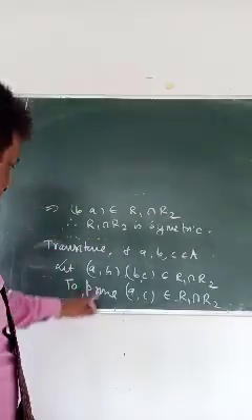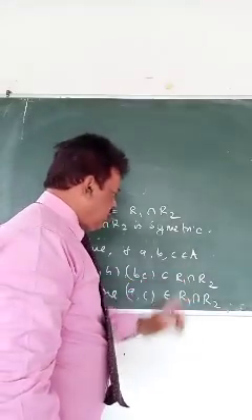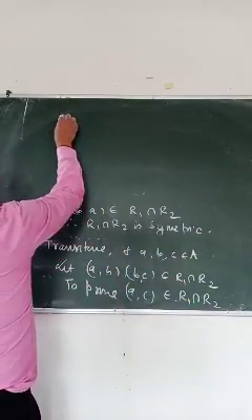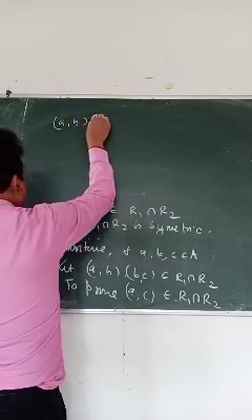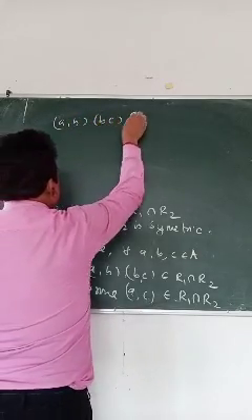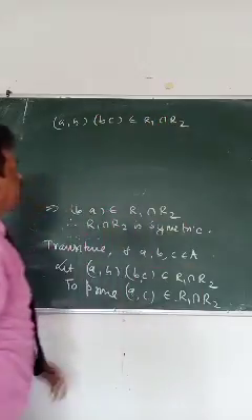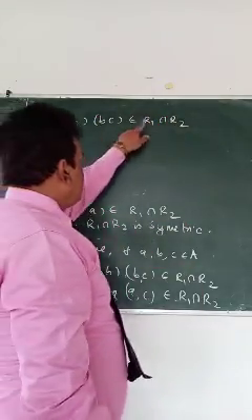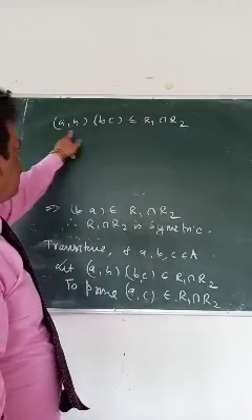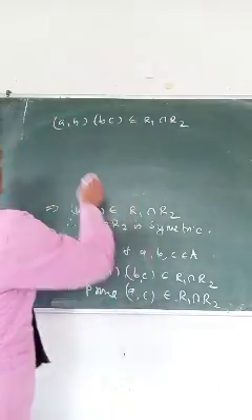To start, (a, b), (b, c) belong to R1 intersection R2. Means they will remain in R1 and in R2.